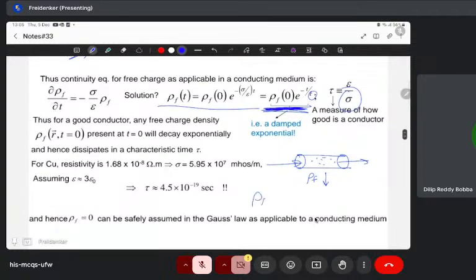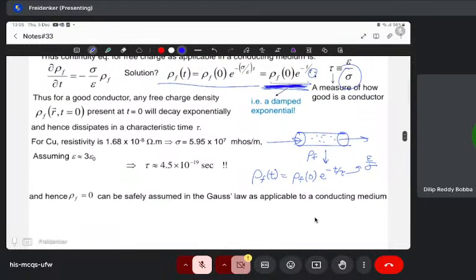So the free charge is a function of time. The volume charge density of free charges is a function of time. Initially, there is some density, but it is decaying exponentially. And this tau is nothing but epsilon by sigma, where sigma is the conductivity and epsilon is the permittivity of the medium.